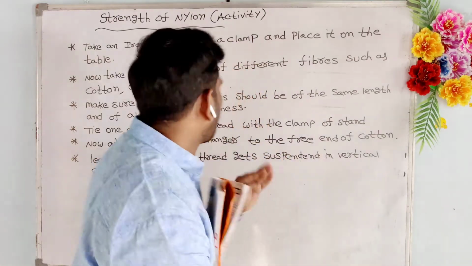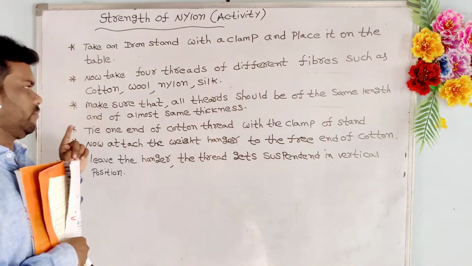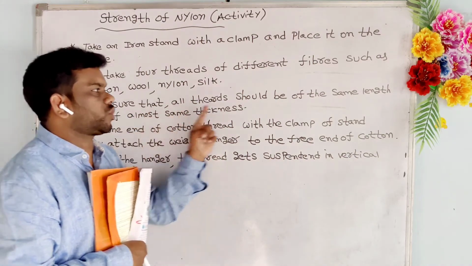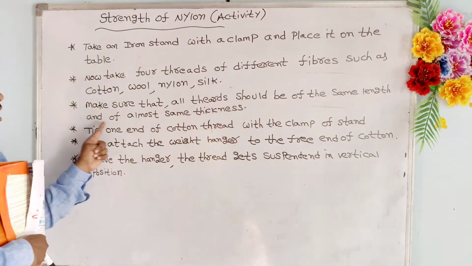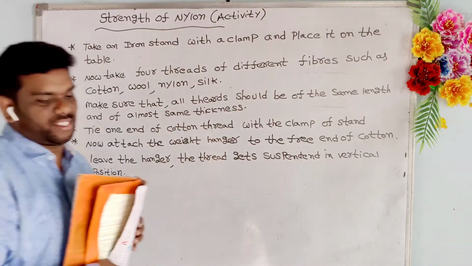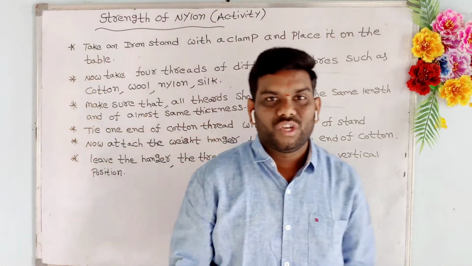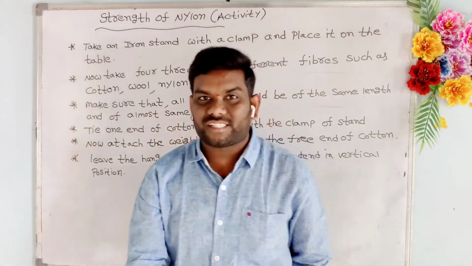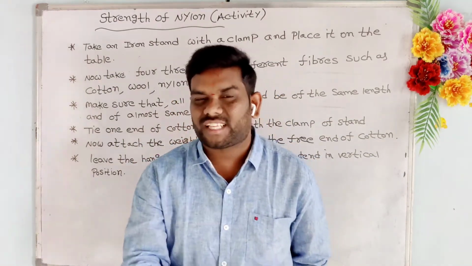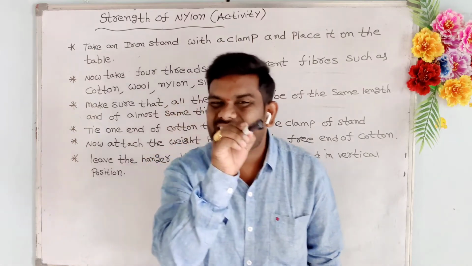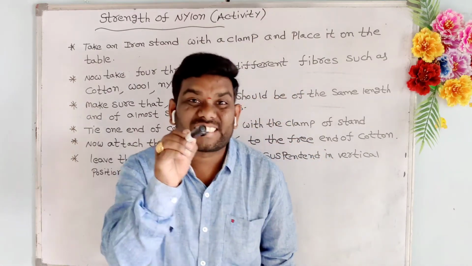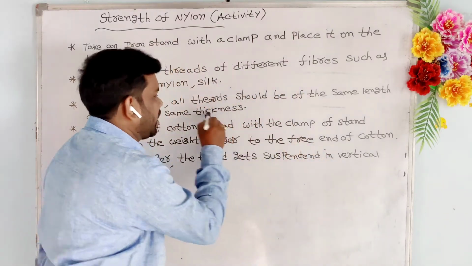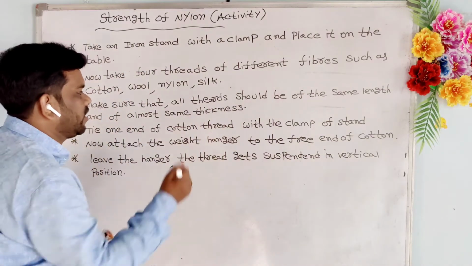Make sure that all threads are the same length and of almost the same thickness. Whatever 4 threads you take, definitely the same length and same thickness. Thickness is very important.